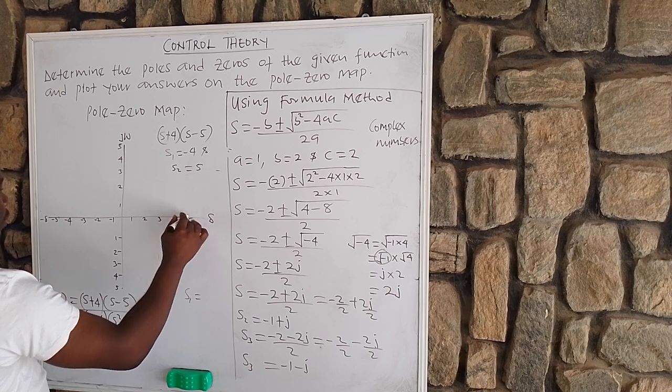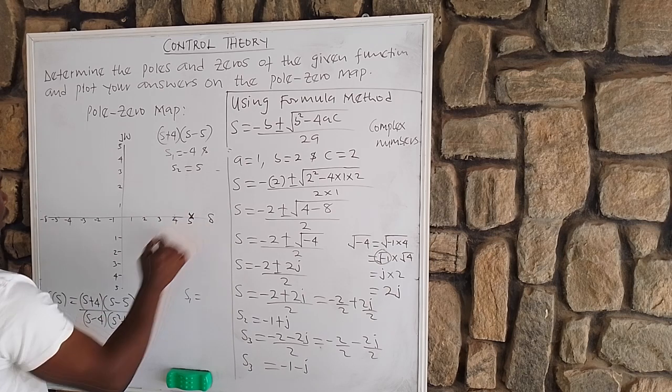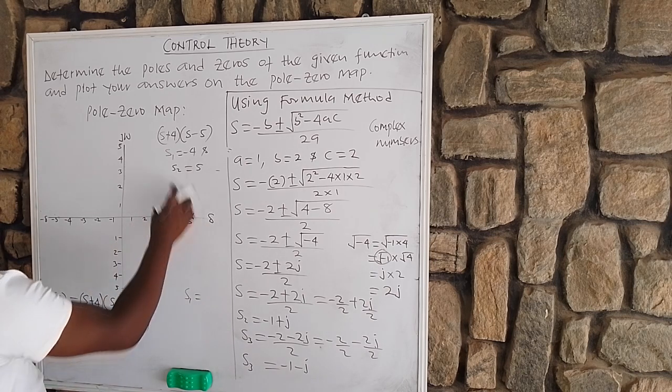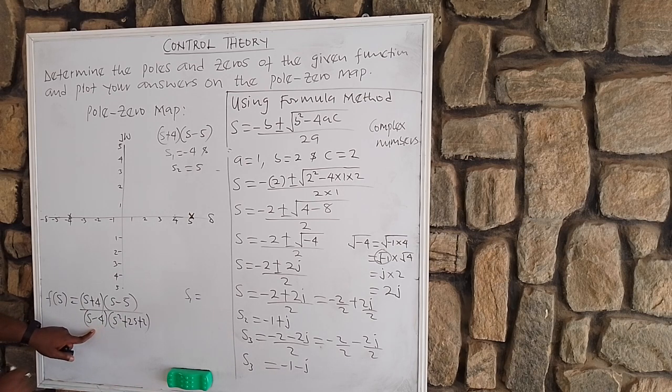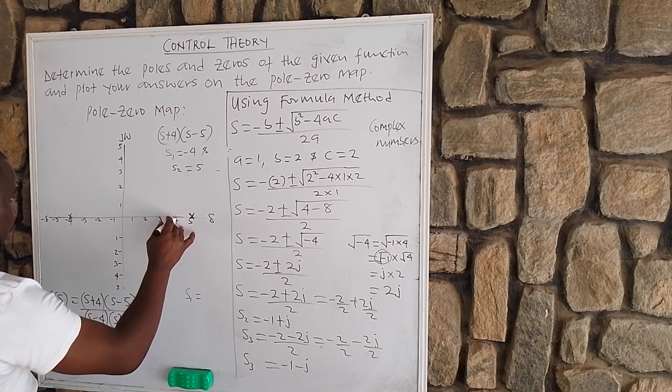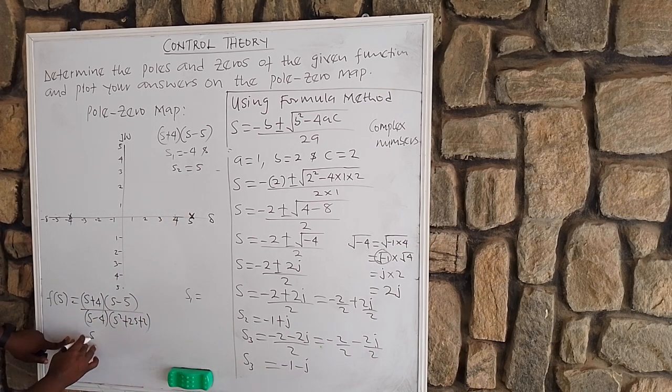So let us use this asterisk as 5 against minus 4. Then our pole is plus 4, because s1 is equal to plus 4.